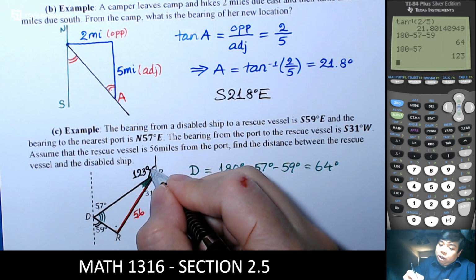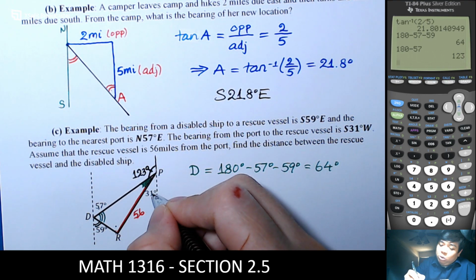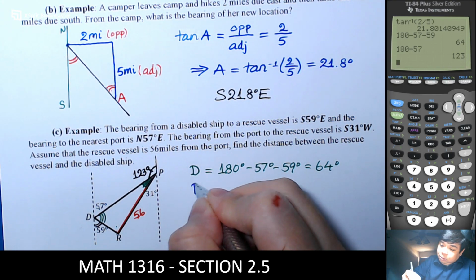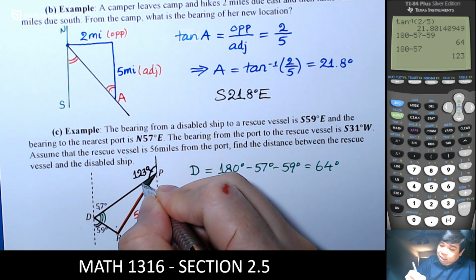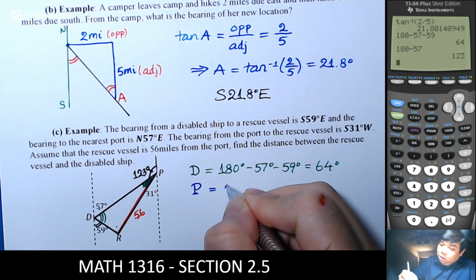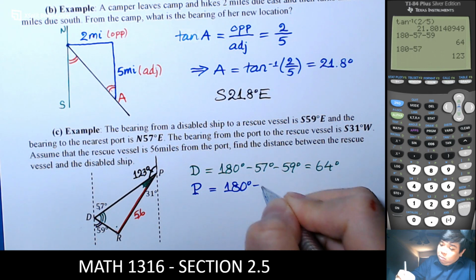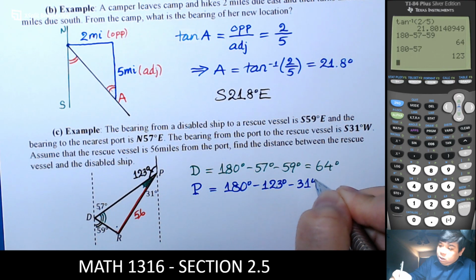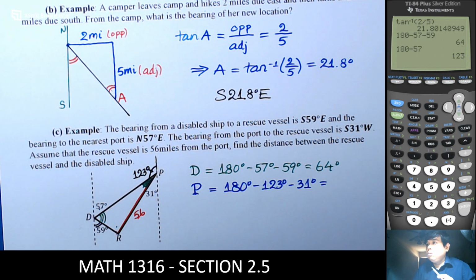And now the whole thing, 180 degrees, subtract 123, subtract 31. That is angle P inside the triangle. 180 minus 123 minus 31 equals 26.